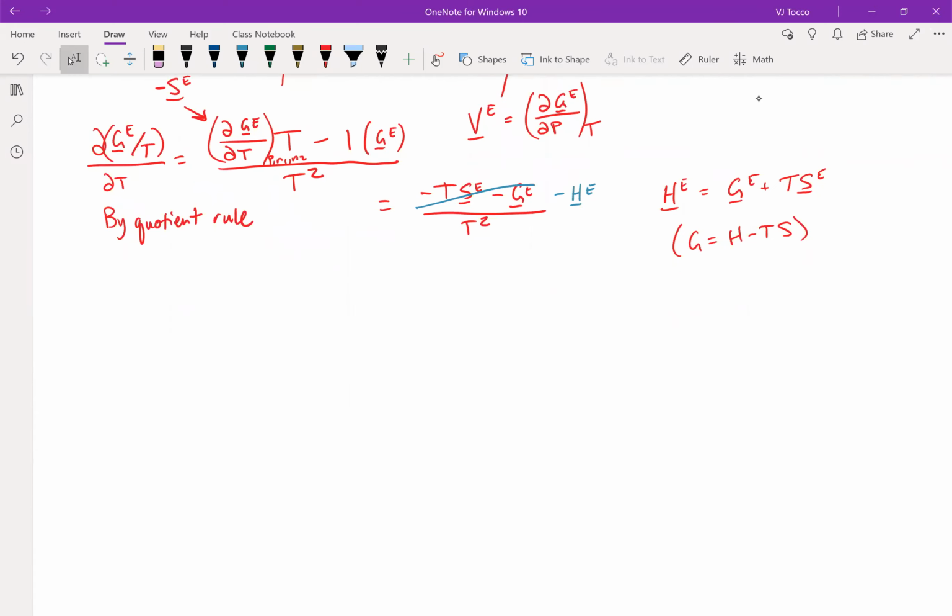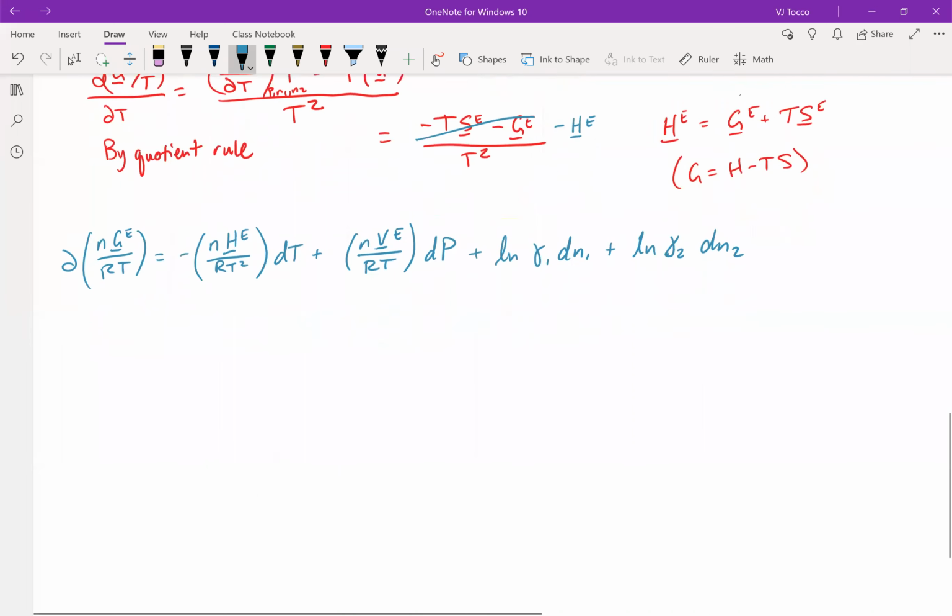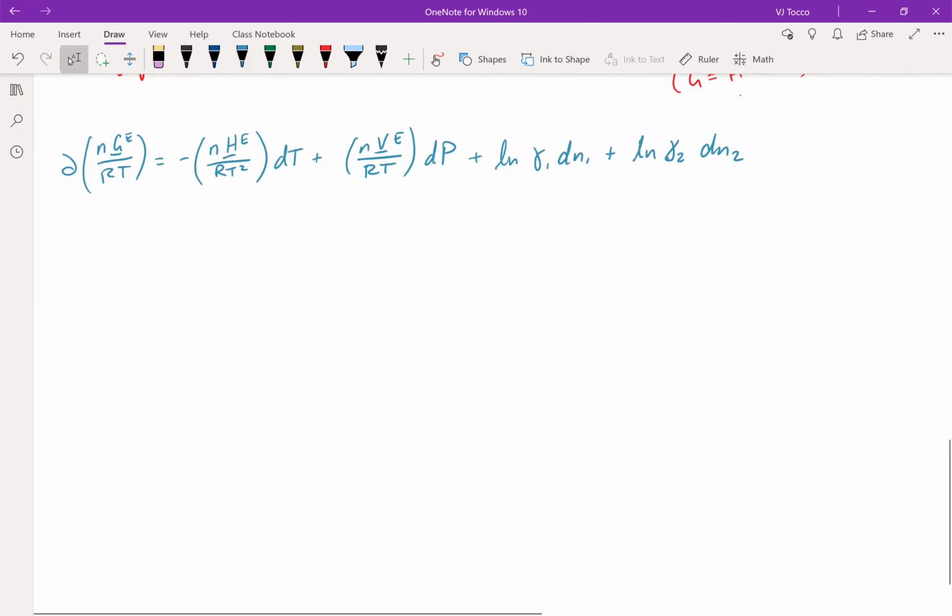Plugging everything in that I've done so far, I'm going to pause and write it myself. Now this equation is something that we can use to evaluate the temperature and pressure dependence. To evaluate the temperature dependence, we simply take the partial derivative of this entire expression with respect to temperature.